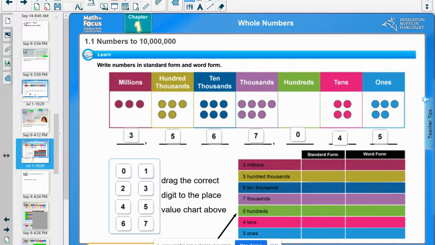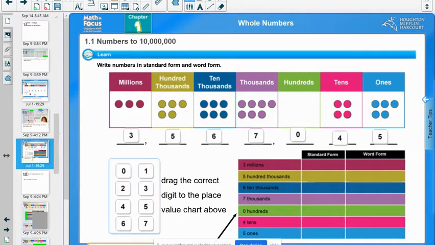So this number, if I were to say it, what would that sound like? Well, in word form or standard form, it would sound like 3,567,045. Remember, when we're saying large numbers, you say the number and then the period that it's in.